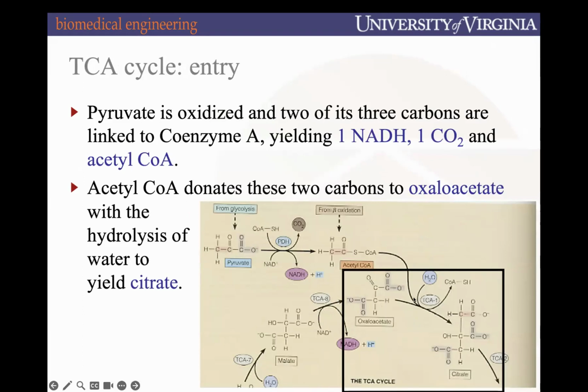The water is going to be used where we lose coenzyme A, and instead we're using water to generate the different hydrogen ions that situate around and help form citrate. So the water molecule is used in this metabolic step to generate citrate from oxaloacetate and acetyl-CoA together.